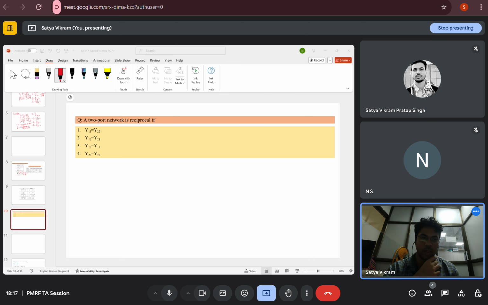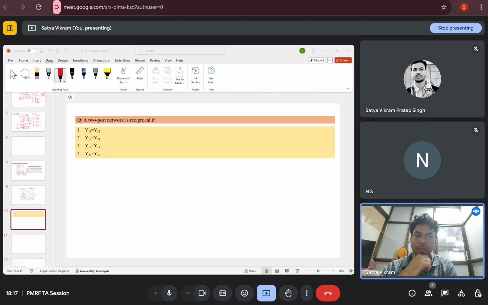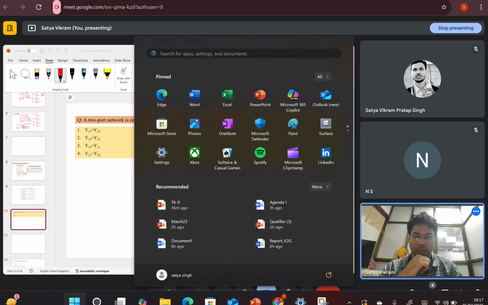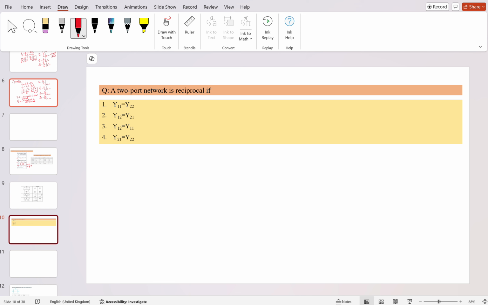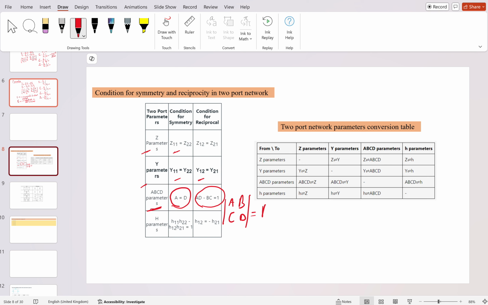So let's understand the meaning of this symmetry or reciprocity basically. After that you can clear your concept. There are two things, that is symmetry and reciprocity. Let's see the meaning of reciprocity.